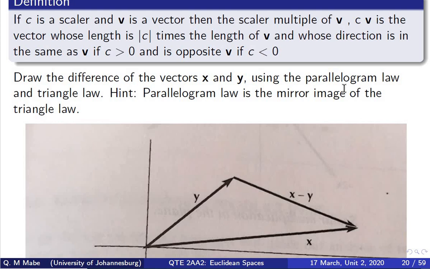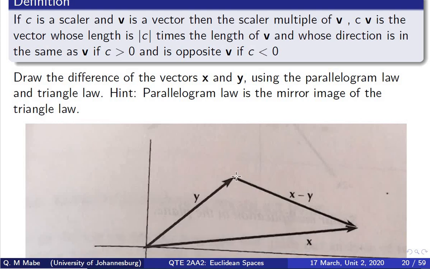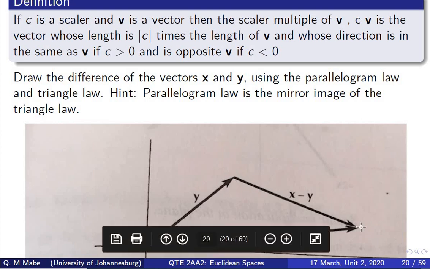For instance, remember, if we had to add x plus y, if we didn't have to take the difference, this vector was going to start from x and end at the terminal point of y, right, which is x plus y. But now because it's x minus y, it should be in the opposite direction.